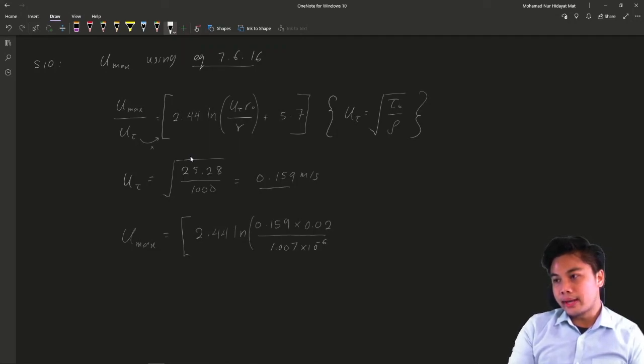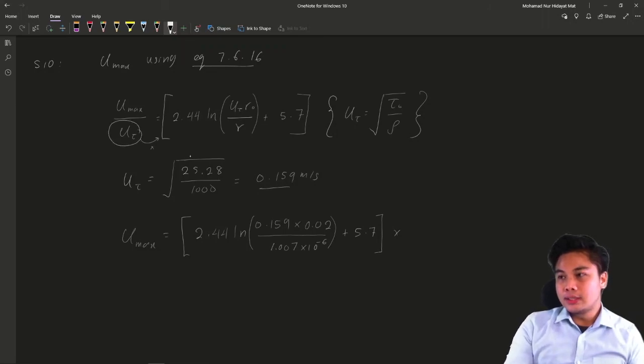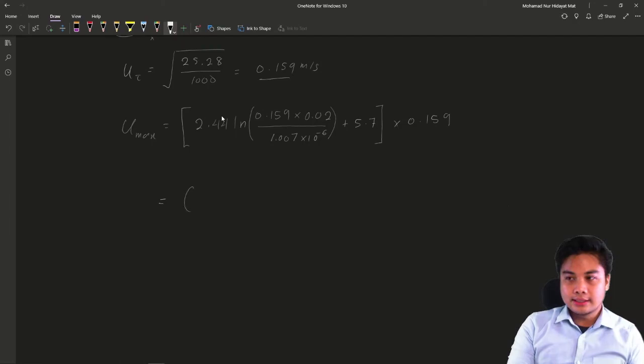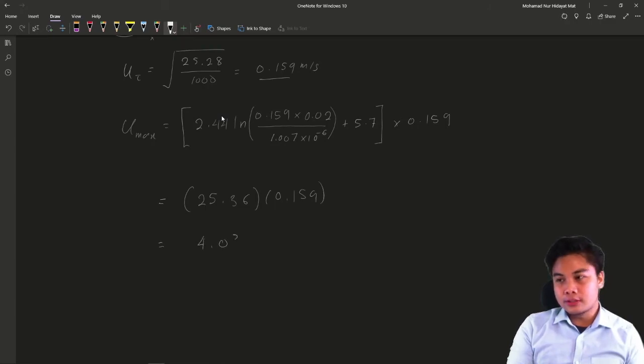This is the whole bracket, plus 5.7, multiplied with U tau, which is 0.159. Finally, you will discover that U max equals this bracket, 25.36, multiplied with 0.159. The final answer is 4.03 meter per second.